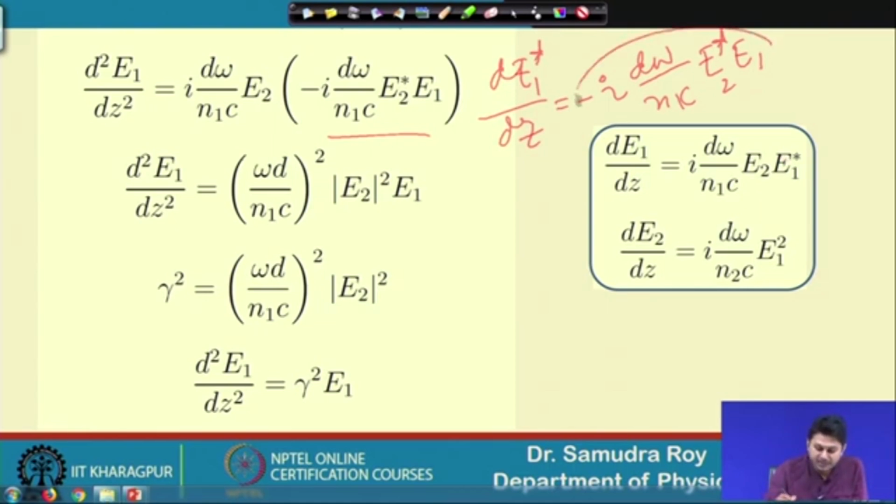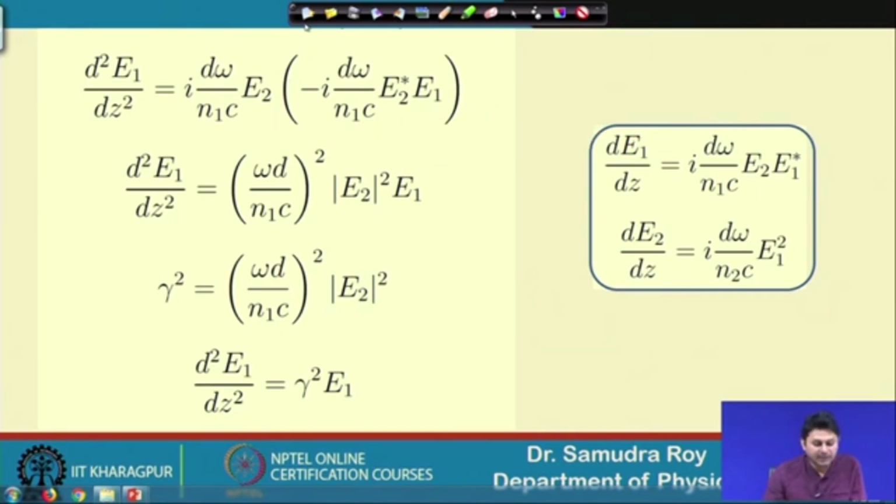So, I replace these things here, and once I replace this, I can find that the i will remain, d omega over n 1 c, d omega over n 1 c, E 2 star. So, I can write it in this way: omega d divided by n 1 c, whole square, times mod of E 2 squared, times E 1.